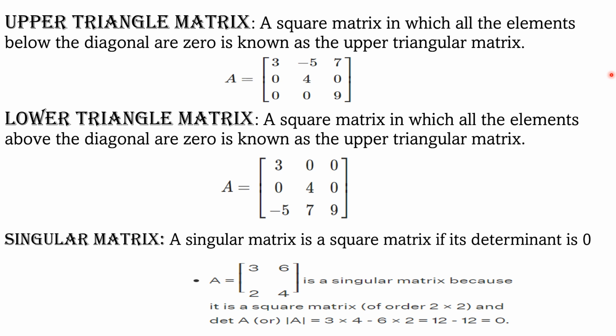Very good. Upper triangular, lower triangular, singular. Okay, square, rectangular. Okay, can you recall once? Types of matrices: row, column, square, rectangular, diagonal matrix, scalar matrix. Very good. Null matrix, unit or identity matrix, upper triangular matrix, lower triangular matrix, singular matrix.